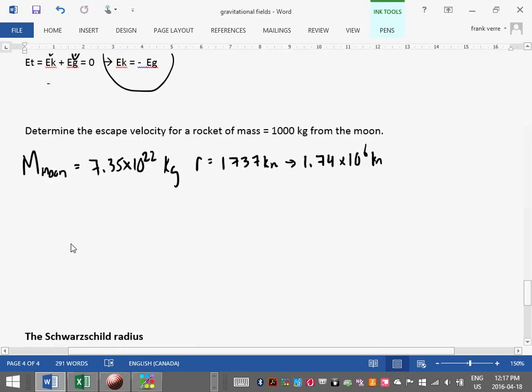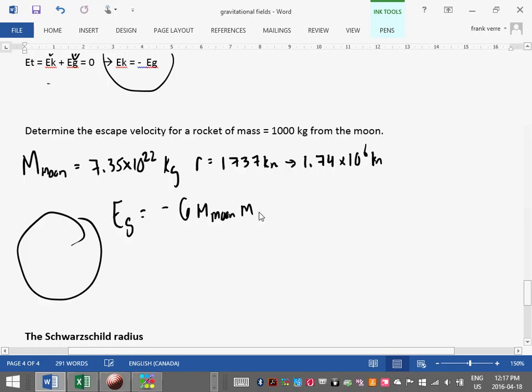So right now we're on the moon. What would be that potential energy on the moon?